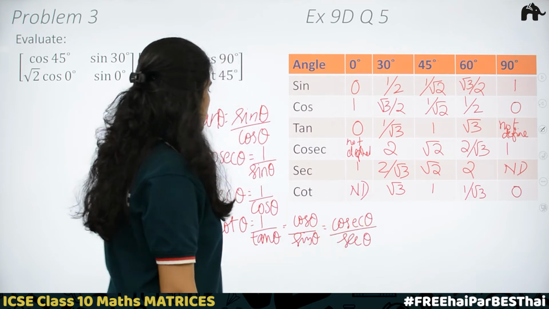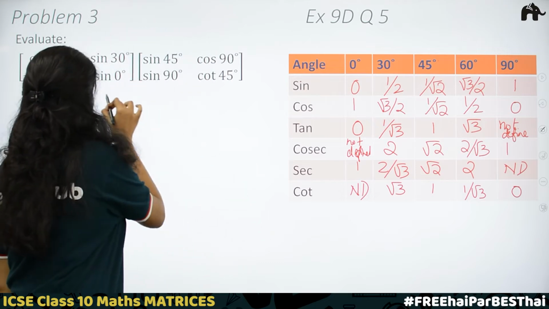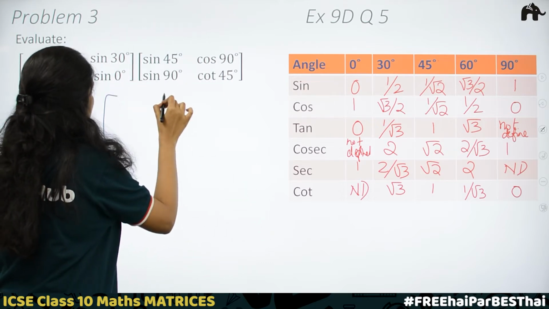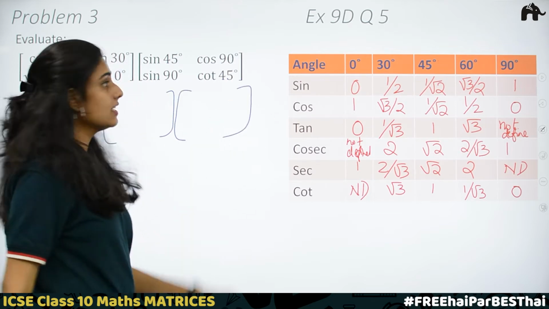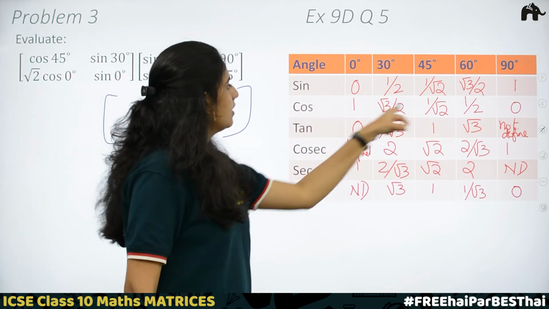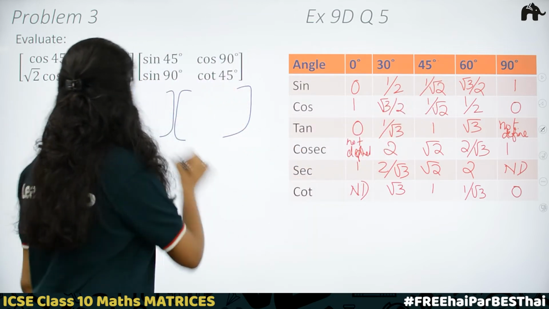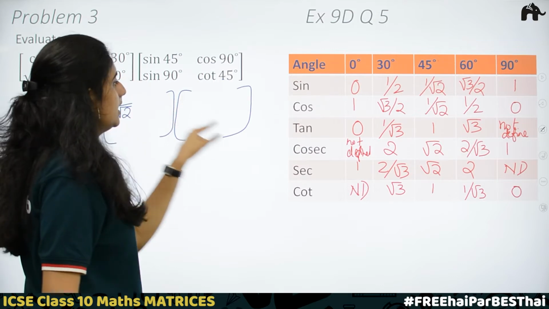Now let's solve this question. Here we have a matrix containing the sine, cos, cot of different angles. Let's find the values. First we have cos 45 degree. What is cos 45 degree? Cos 45 degree, 1 by root 2. Next, sine 30 degree.